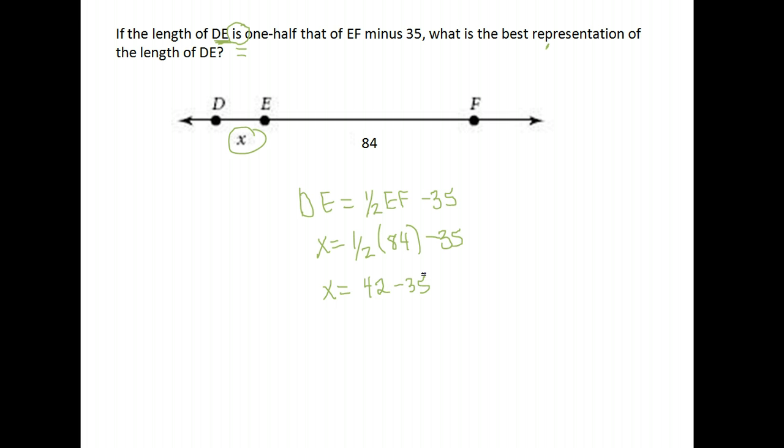And then we take that 42 minus 35. And we get X is 7. Okay, but when you just want a representation, this would be a good representation for DE.